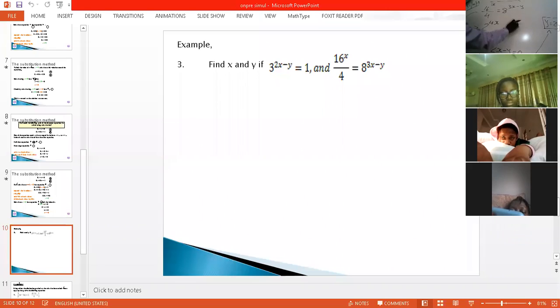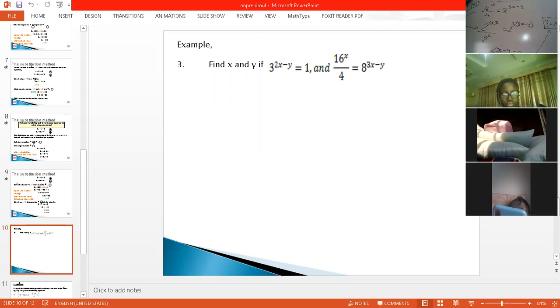Then you still put the power 3x minus y. And for 4, of course, you know that 2 times 2 will give you 4. So we have 2 raised to power 2.